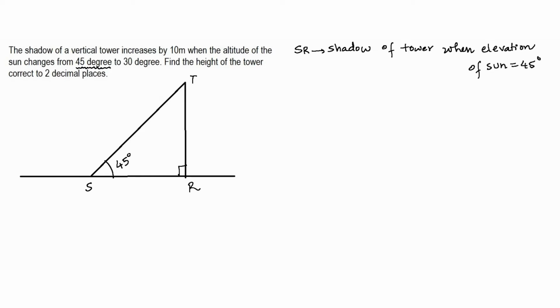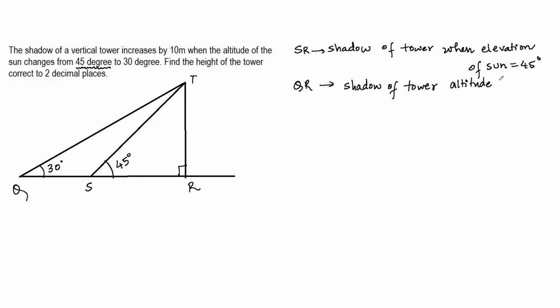Now the elevation of sun changes to 30 degrees, that is the sun is getting lower, and that is why the shadow of this particular tower is going to be RQ. So RQ or QR is the shadow of the tower when the elevation of sun is 30 degrees. So when the sun gets lower, the shadows get longer.